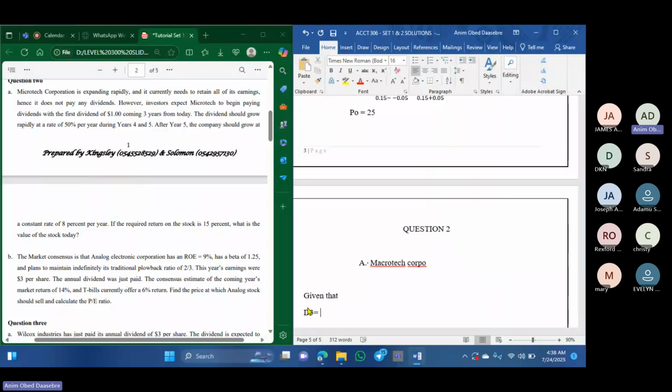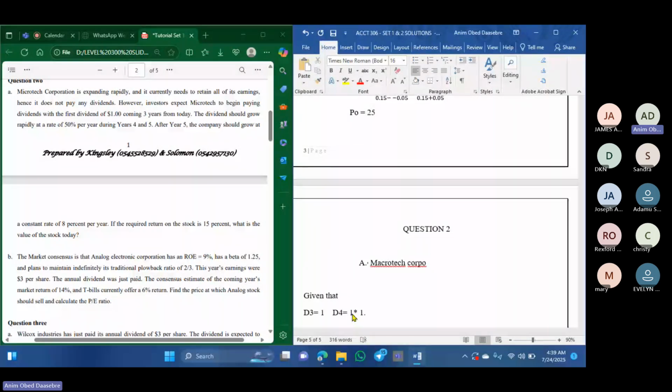Year 3 dividend is $1. Year 4 dividend is what? You take 1 multiplied by 1 plus the growth rate.